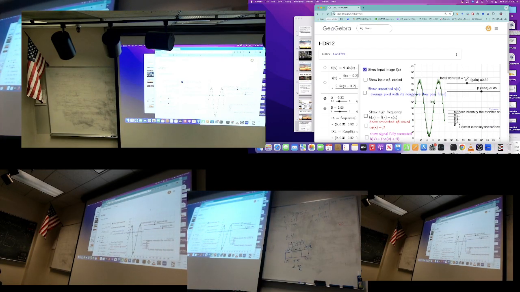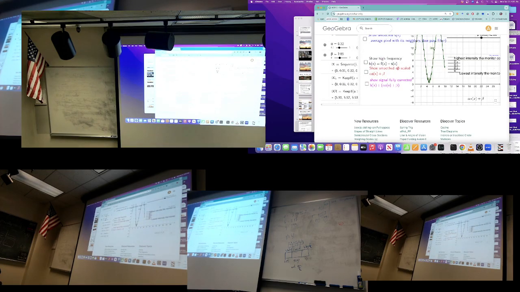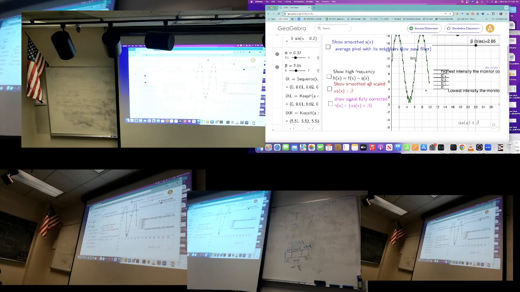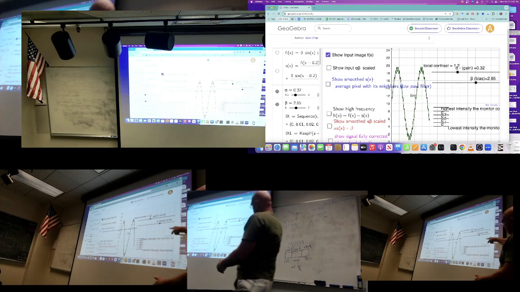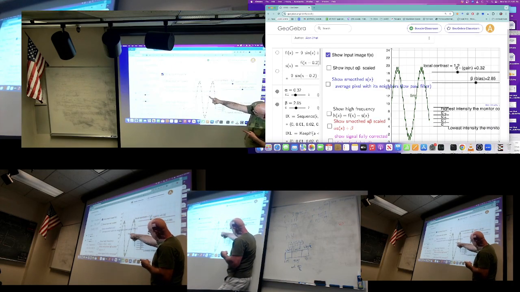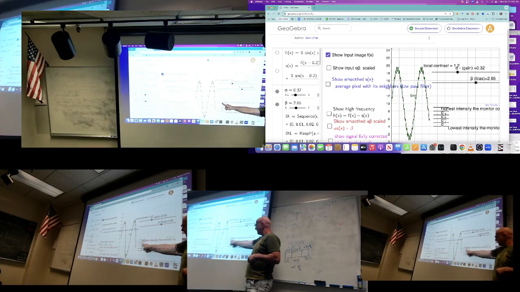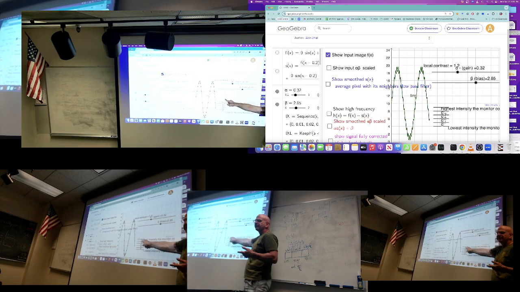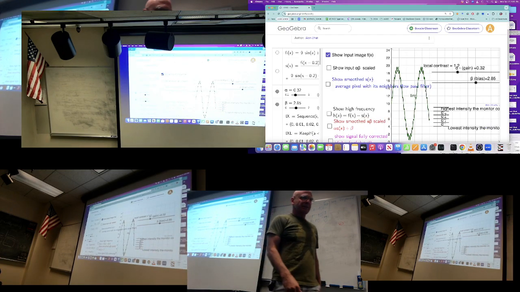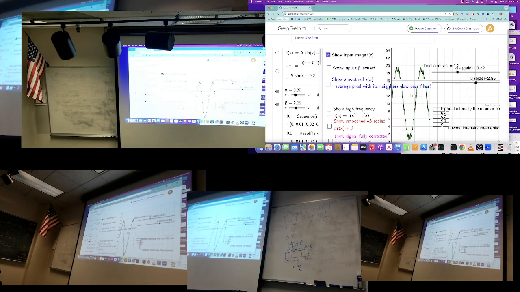Let's explain what I mean by fast changes and slow changes. Again, why do I feel the need to correct it? Because every intensity here, I need to map into an intensity between the lowest one and the highest one on my monitor. It's 255, but that's in the GeoGebra, the only values.